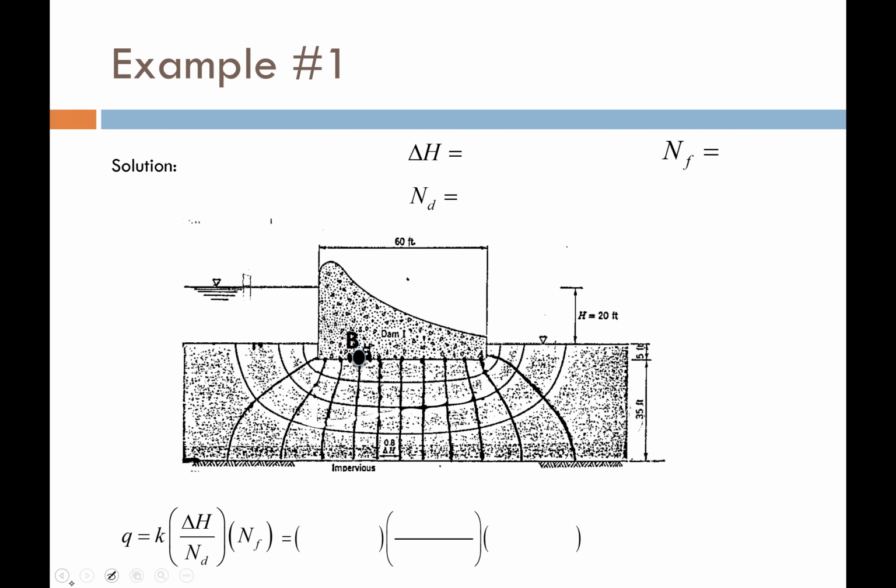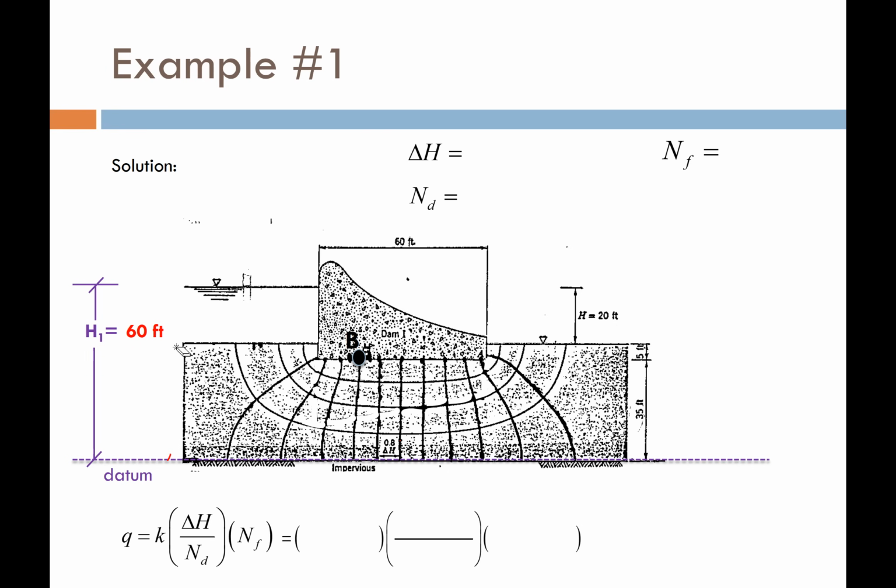So here's a couple of things. Again, there's my datum like I had before. What was the head then from my datum up to the top of that water? Well, it was 60 feet. You recall that the elevation of the soil from the datum to the ground surface was 40 feet. And then we've got another 20 feet of water upstream of the dam.